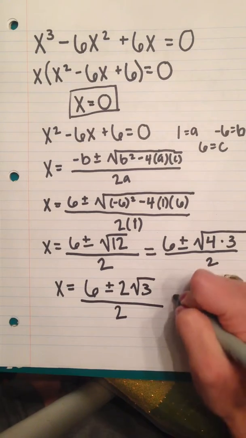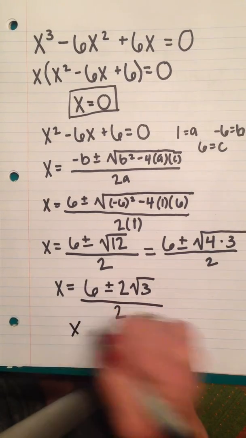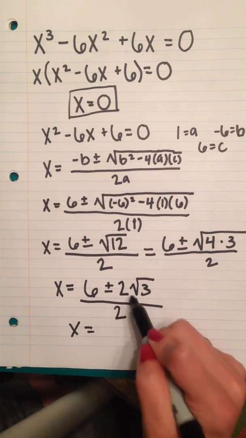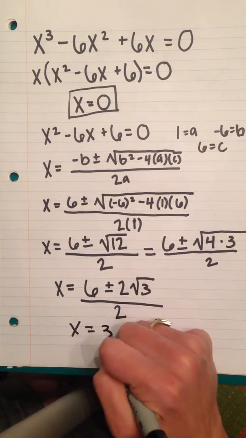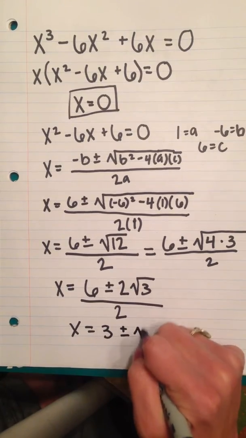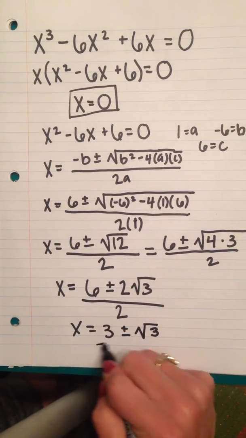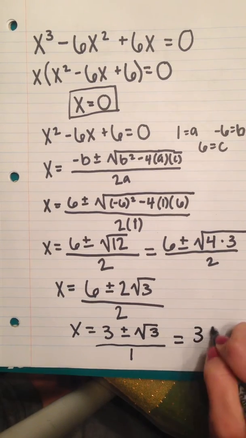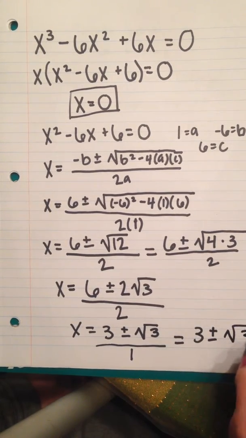Cleaning that up, we divide each term by 2 because that's what's common. 3 plus or minus the square root of 3 all over 1, which is the same thing as 3 plus or minus the square root of 3.